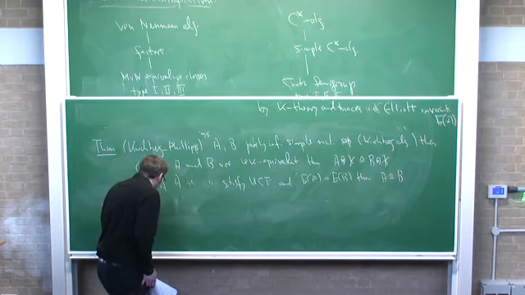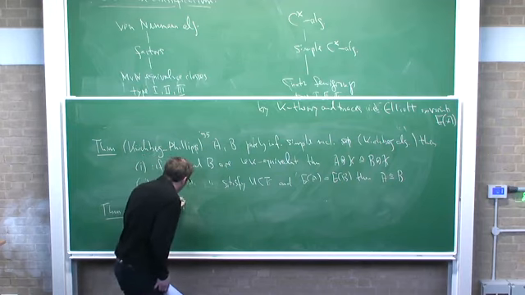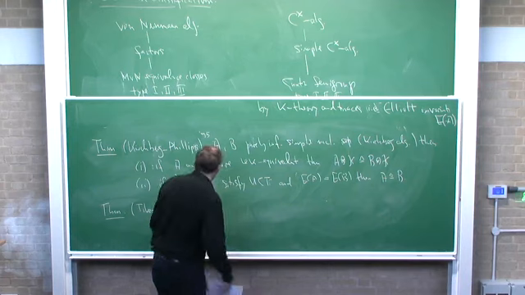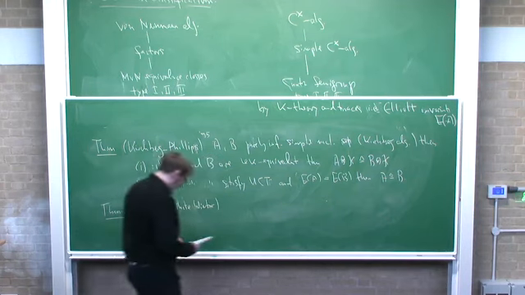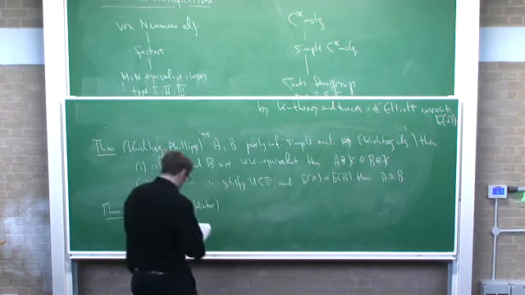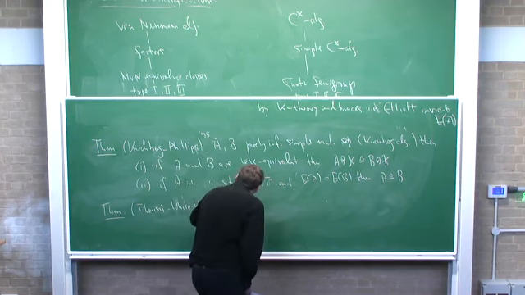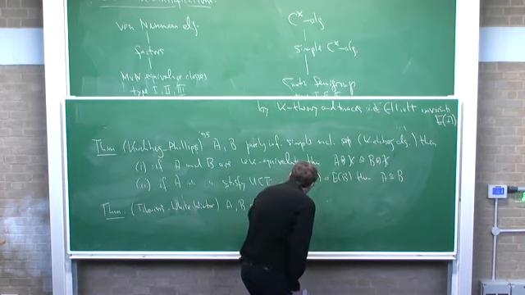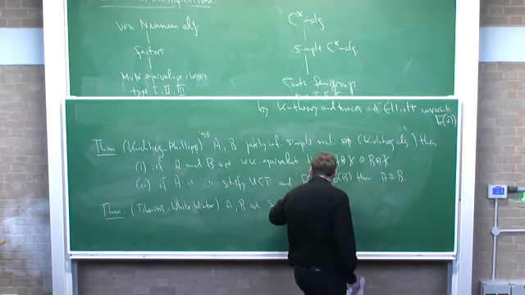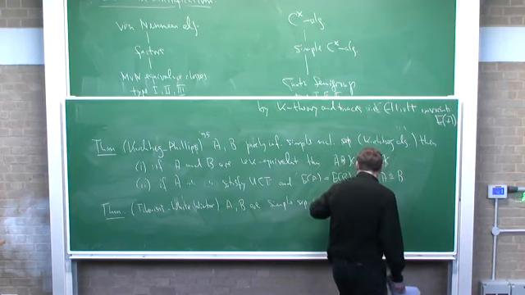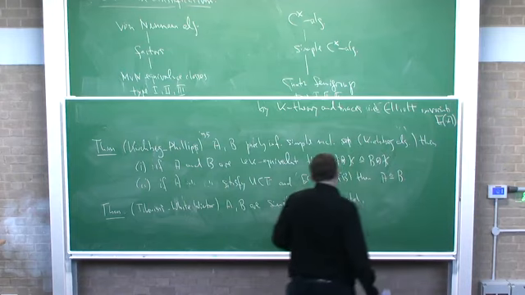Winter and coauthors proved a generalization of this result, which says that, at least on the second part, if A and B are simple, separable, nuclear, unital, and what else do we need?